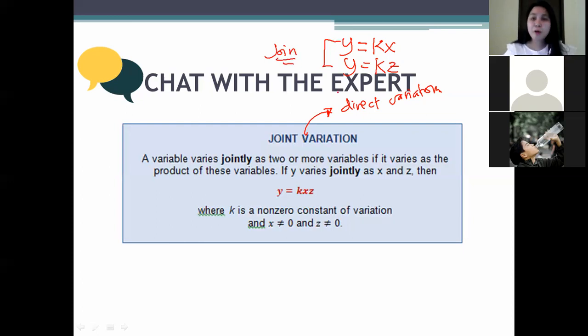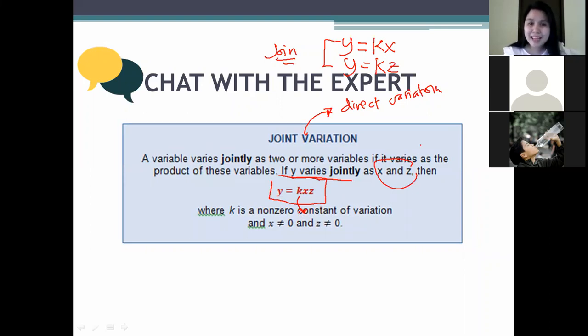Now, how will we say that? Y varies jointly, it means two or more direct variations, as z and x. So we write it as y equals kxz. Please don't forget to write your k. Remember, k is your non-zero constant of variation.